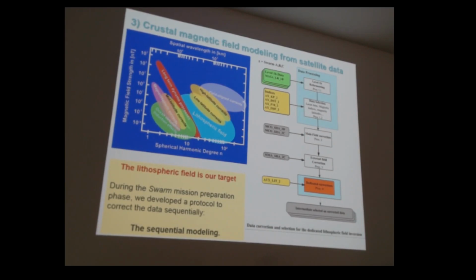So there is also a balance between selecting data and having not enough data to go to very high resolution with respect to the core field and contamination of the external field. So the balance is very tricky. So you have IMF, Dst, Kp will help you to select magnetically quiet days.